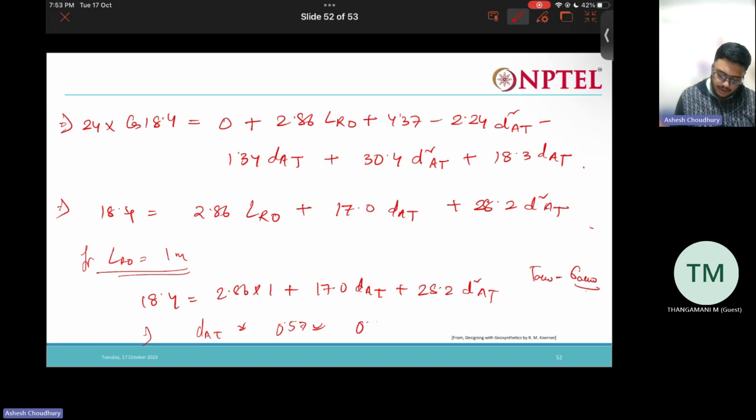So we can take it as 0.50 meter. So if we take this runout length as 1 meter, then we are getting this depth of trench as 0.5 meter. Now we can make a design chart.